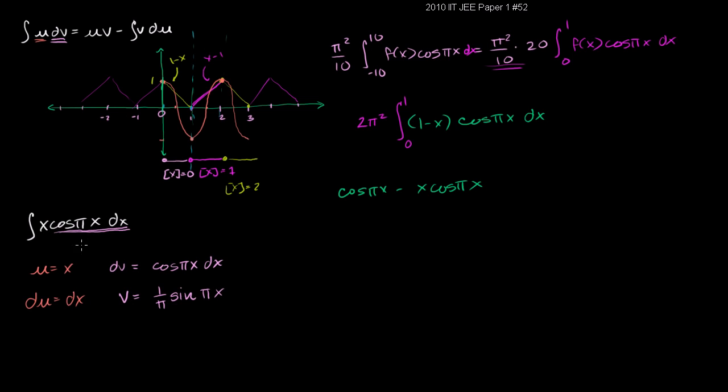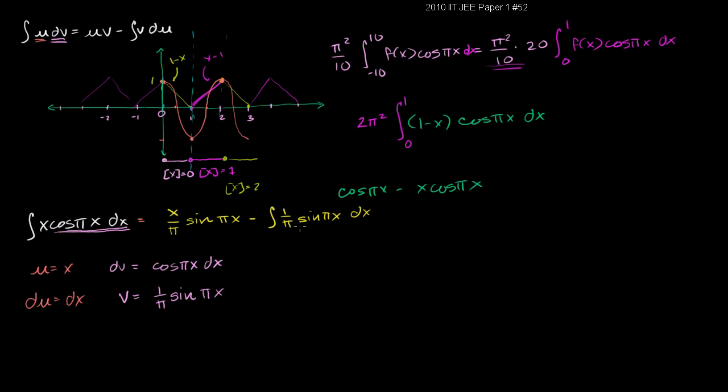So this is going to be equal to u times v. So it's equal to x, this x, times this. So x over pi sine of pi x minus the integral of v, which is 1 over pi sine of pi x du. du is just dx.